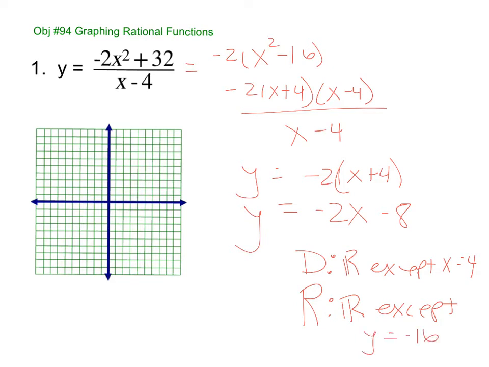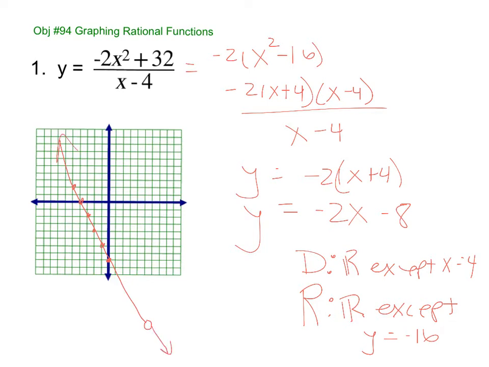All right, so I'm going to plot this. Negative 8, negative 2. Did I do something wrong? Oh, positive 4. Oh man, it doesn't even fit on the graph. This is a terrible example. Sorry, guys. Basically, this thing looks like this, and down here at 4, there's a hole.